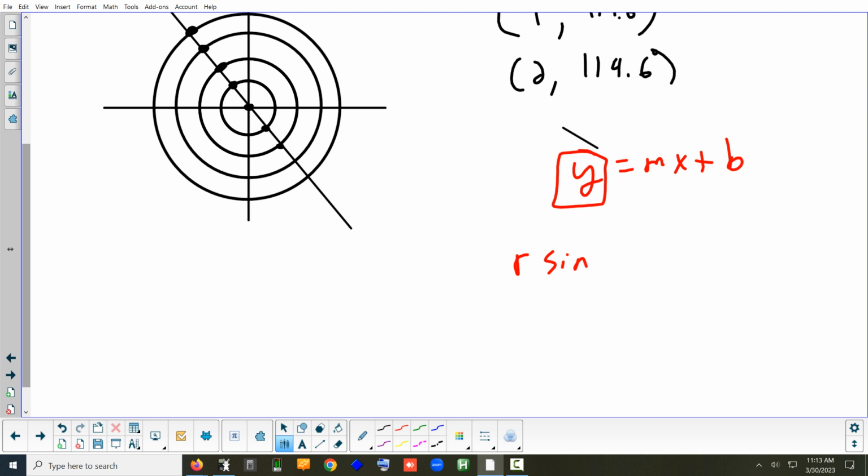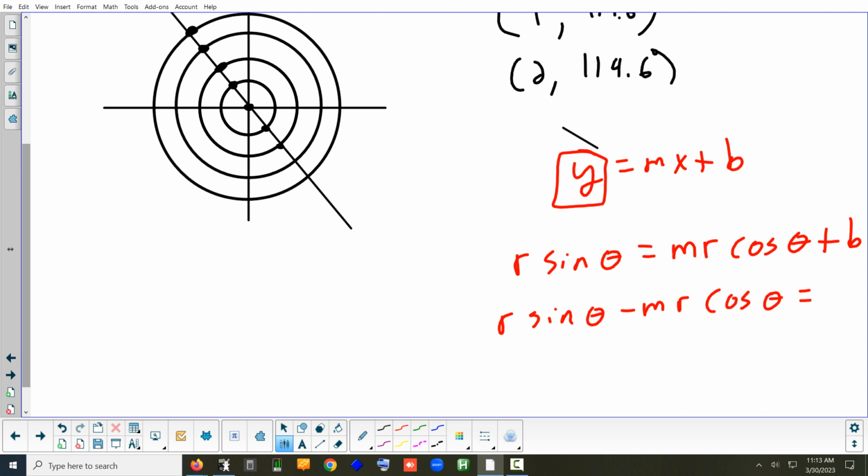And what's the formula for x? r cosine theta. And if we wanted to graph this on the calculator, what letter needs to be by itself? r. So bring all the r's to the same side. So r sine theta minus m r cosine theta equals b.